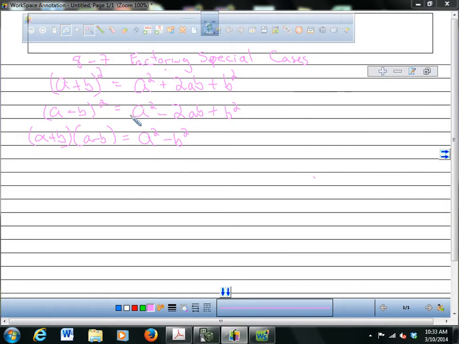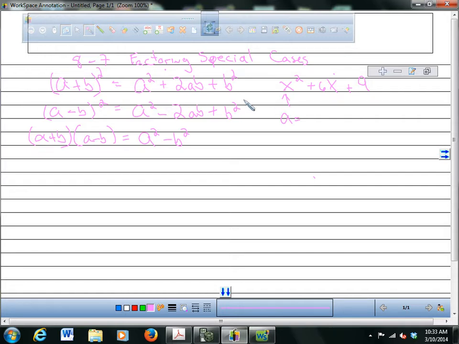That's okay. So in this last case, we saw x squared plus 6x plus 9. That's this special case. If this is a squared, then what's a equal to?